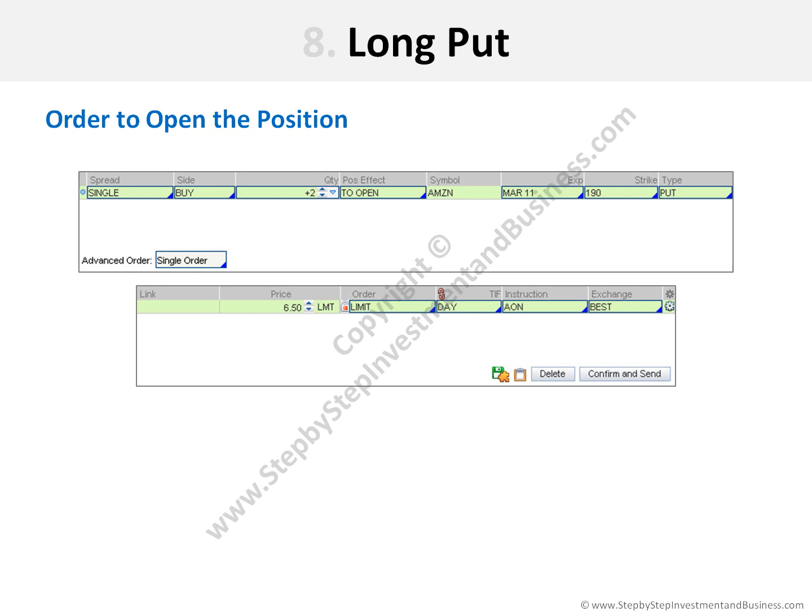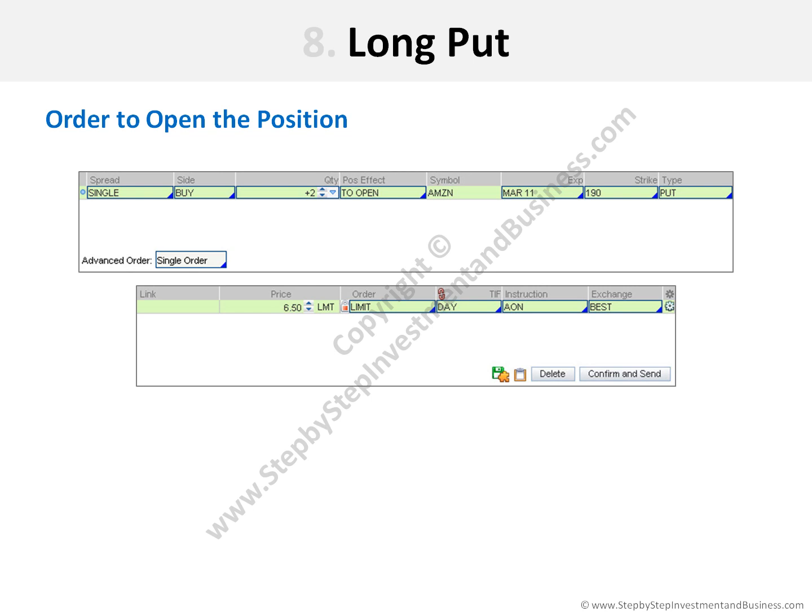In the side column, we select the action Buy to indicate the purchase of options, and in the Position Effect column, we select the option To Open to indicate that we want to open a new position. The entered price is $6.5 and the order type is Limit. That is, we want to buy the options at a maximum price of $6.5. Remember that the premium of an option contract is expressed per share.